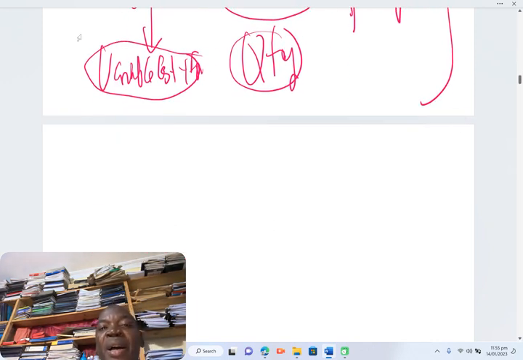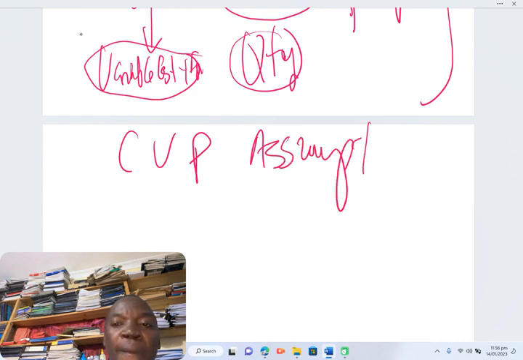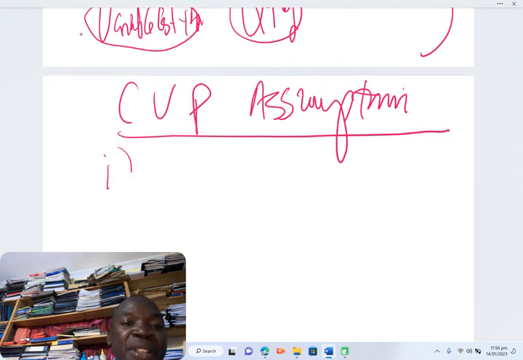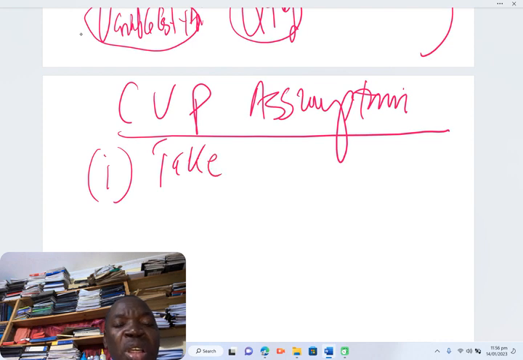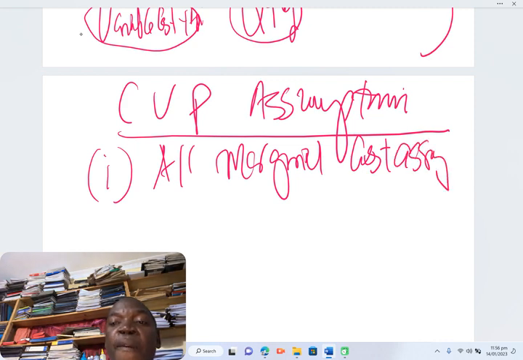From our lecture before, we clearly understand that before even solving this problem, you should understand the CVP assumptions. CVP takes all the assumptions of the marginal costing approach.